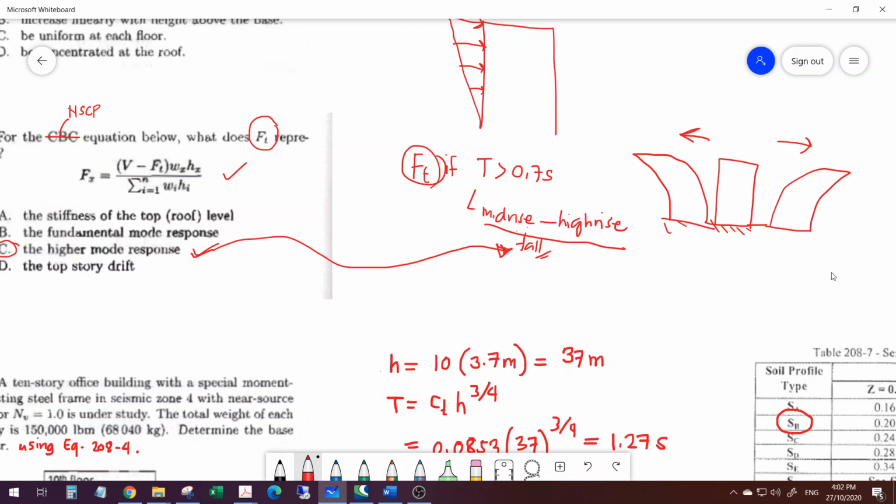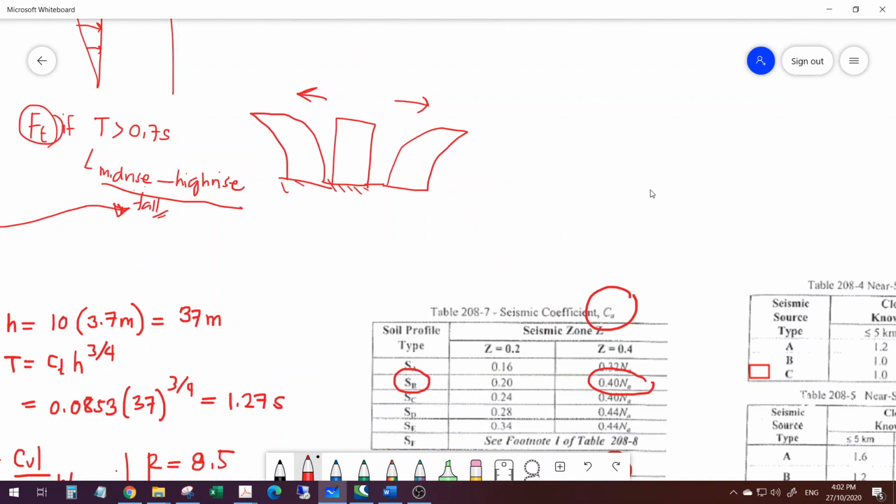But for a tall building, the higher mode could be something like, so if I idealize that as a stick, it could be this, it could be this, right? For higher mode, if this is a stick, so this is mode 1. So mode 2 will be something like this. So this is mode 2.